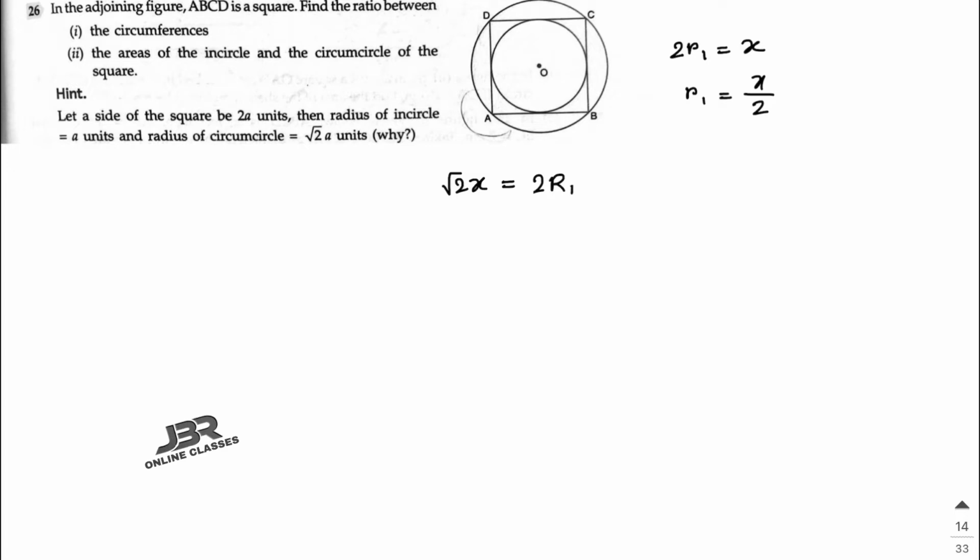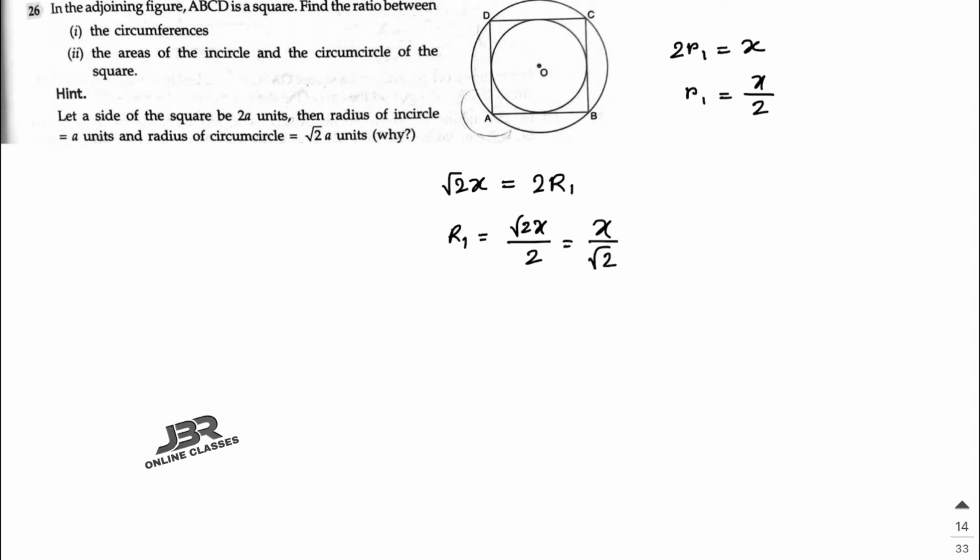Capital R1 is the radius of the circumcircle and small r1 is the radius of the incircle. So R1 equals root 2 x by 2, that means x by root 2.